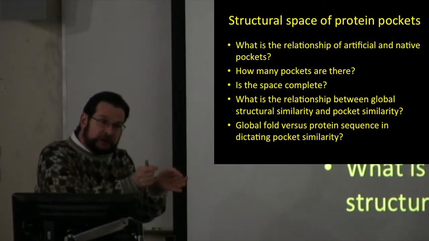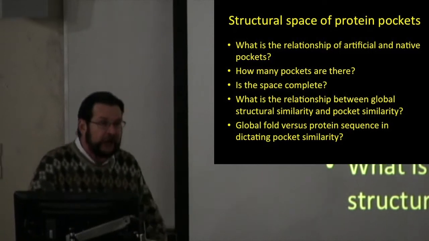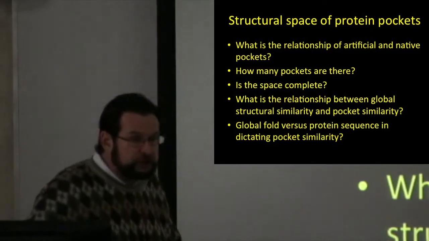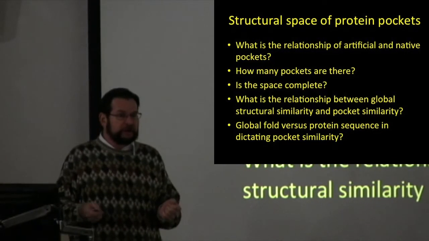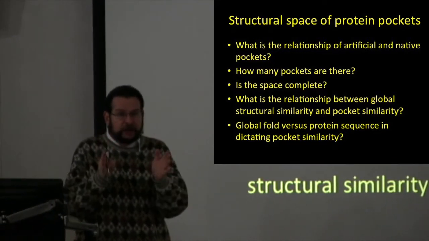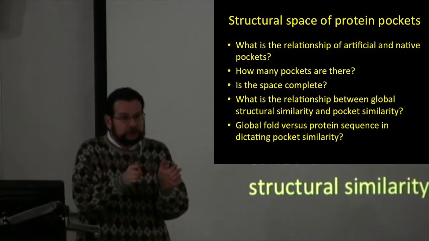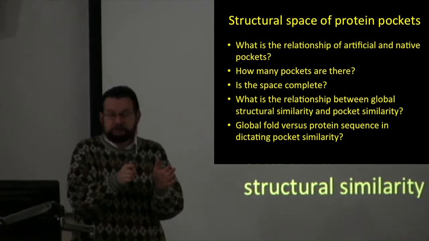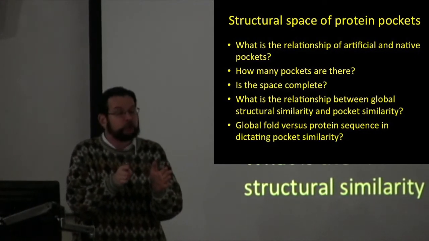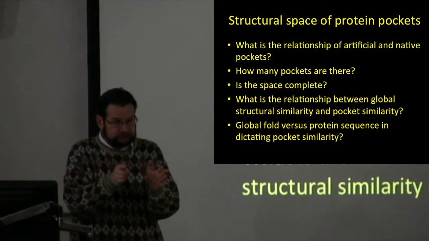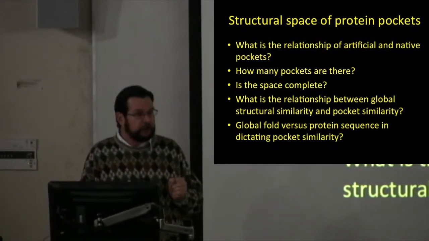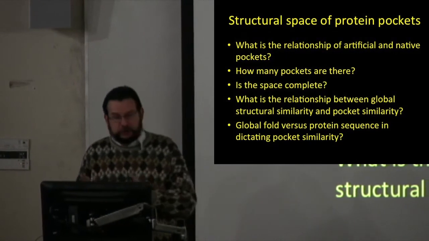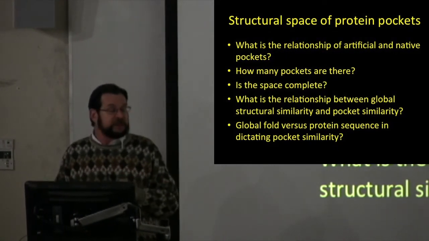You may see in a lot of people when they infer function, they say, I have the same global structure, therefore I must have the same function. Right? Well, that's true if pocket geometry and global fold are one-to-one. But if pocket geometry, at least for ligand binding, and global fold are weakly coupled at best, and both in nature and, as you'll see in these artificial libraries, they are weakly coupled, inferring function turns out to be not as easy as you may think.